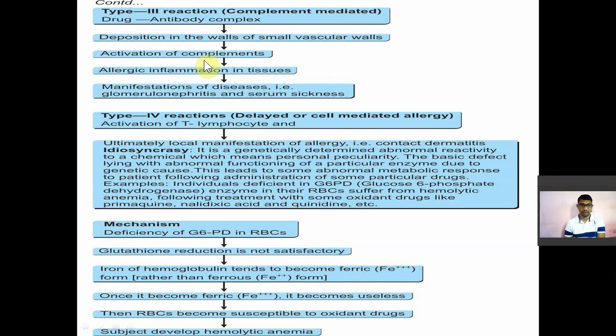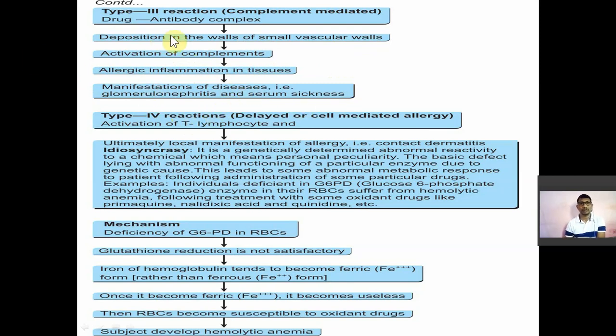So activation of complement, जो allergic reaction होते हैं, antibody antigen complement reaction, वो आ जाएंगे. So allergic inflammation of tissue, manifestation of disease, glomerulonephritis और serum sickness.